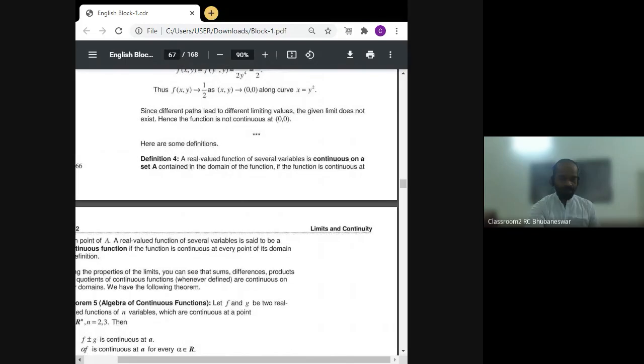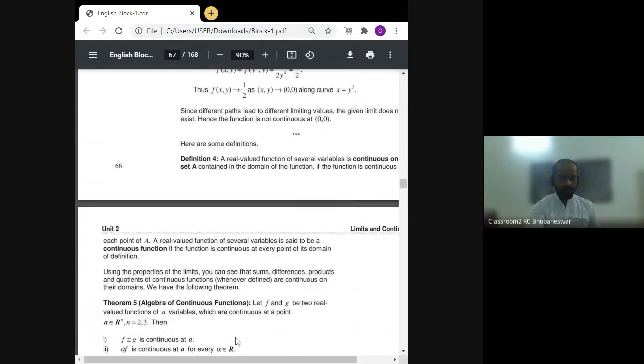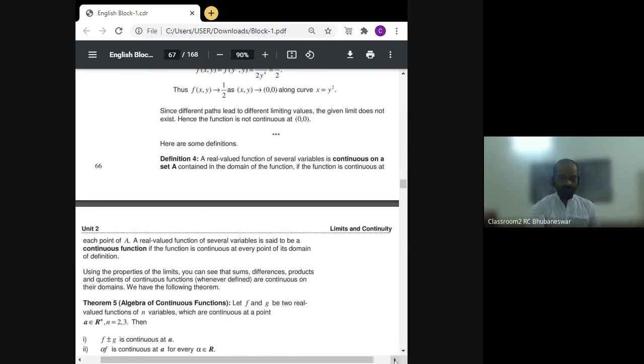Now let us focus on the next definition, and the definition is all about a continuous function in a set. Definition 4 gives us an idea about the continuity of a real valued function on a set A containing the domain of the function.